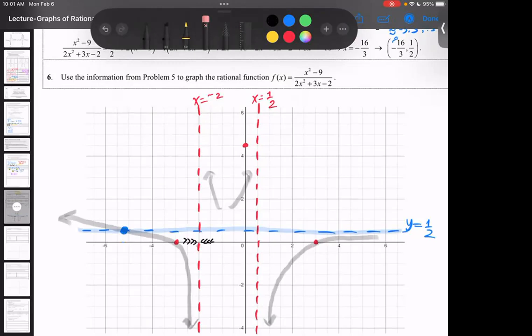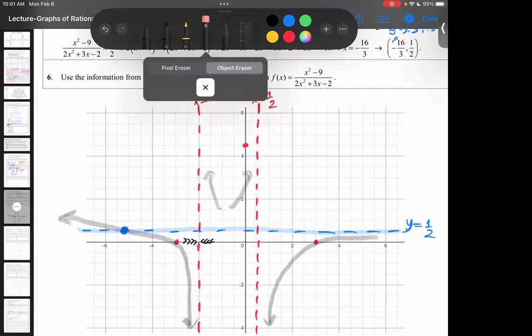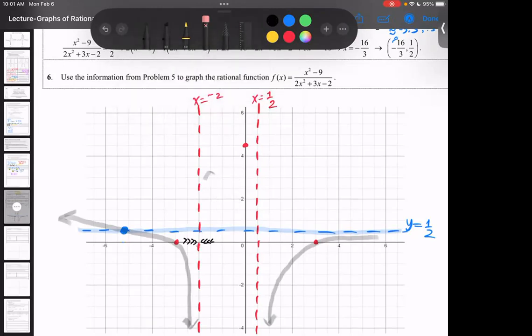And what about the middle one? I know that it has to cross that y-intercept there, but it does not move beyond the blue line. So it's gonna be like a parabola, right? Bounce. Let me erase that. So it's kind of like that.